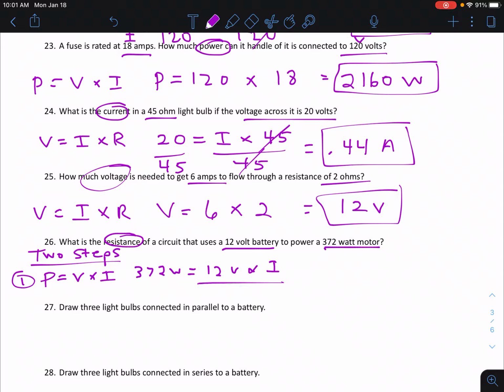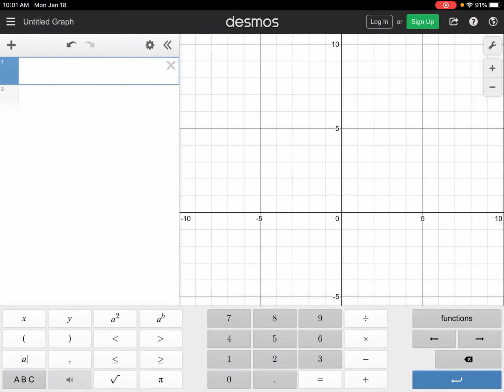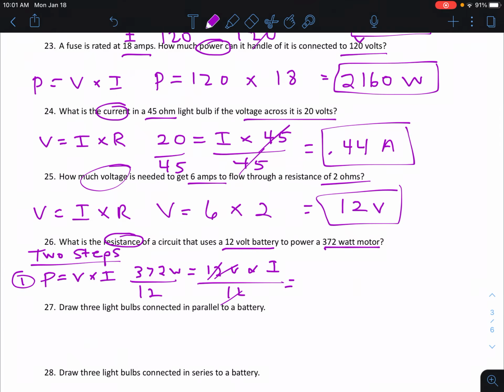So we can divide both sides by 12, and that's going to give us the current, which would be 372 divided by 12, which is 31. And that would be 31 amps.